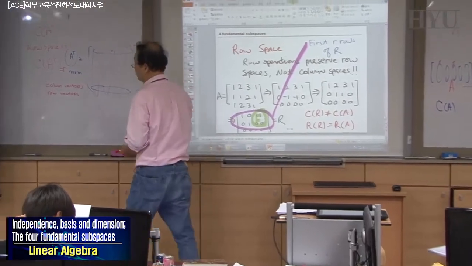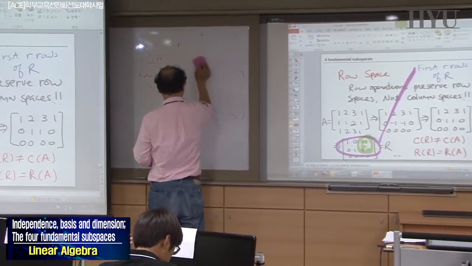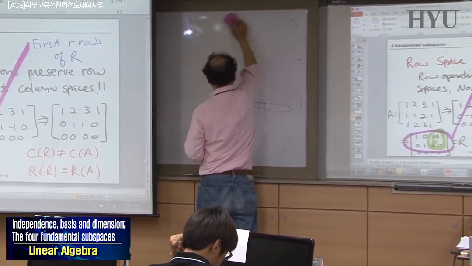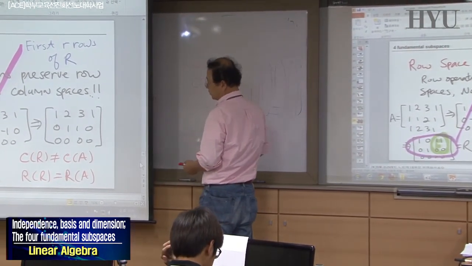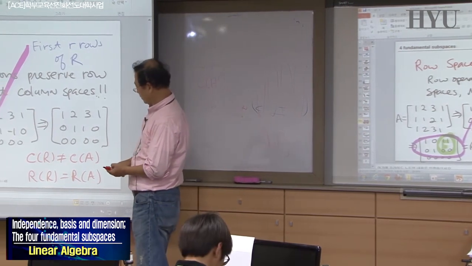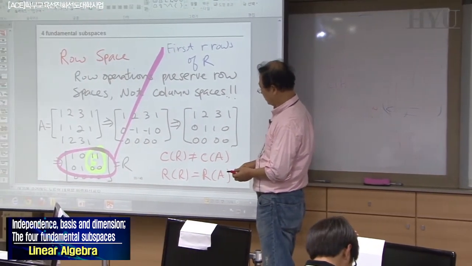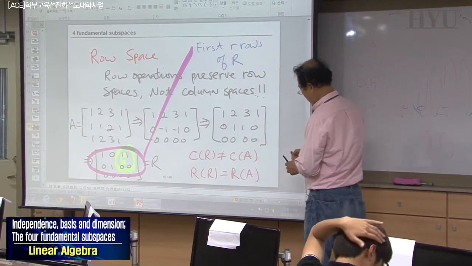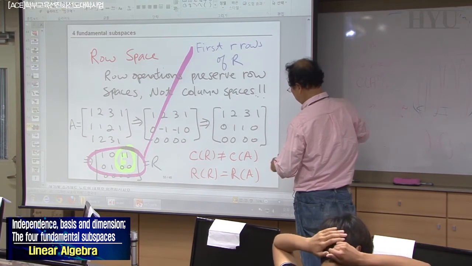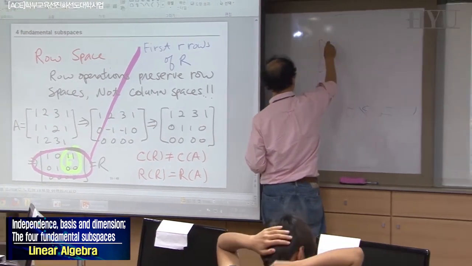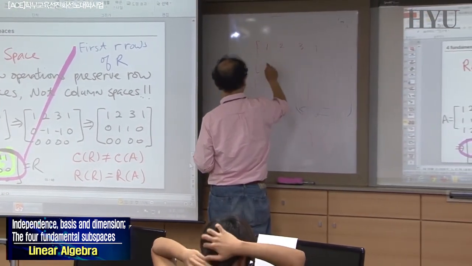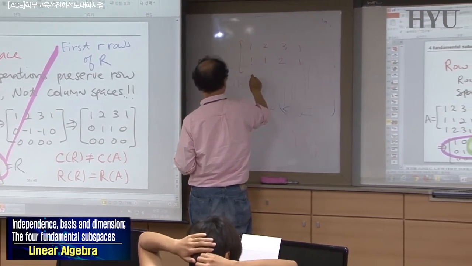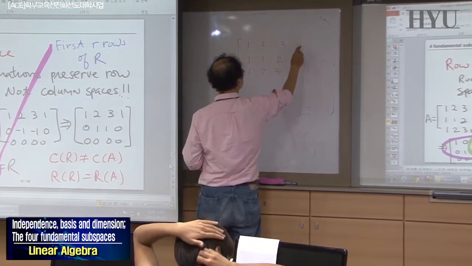Now let's discuss the row space. The initial matrix was, let's say, 1, 2, 3, 1; 1, 1, 2, 1; 1, 2, 3, 1.